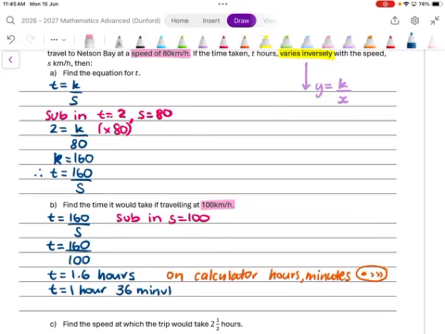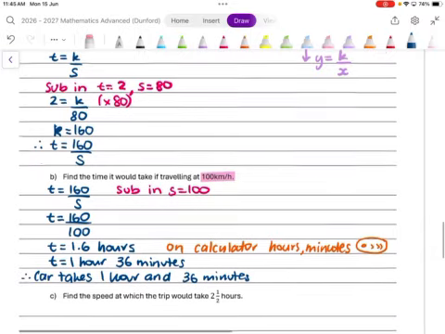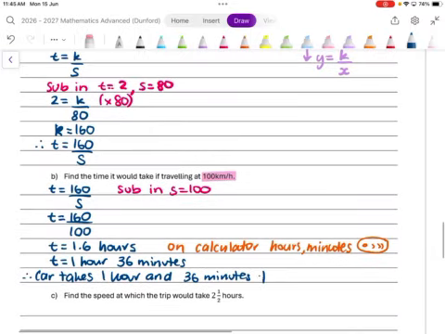So therefore, the car takes 1 hour and 36 minutes to travel at 100 kilometres per hour to get to your destination, to get to Nelson Bay or wherever it's going.